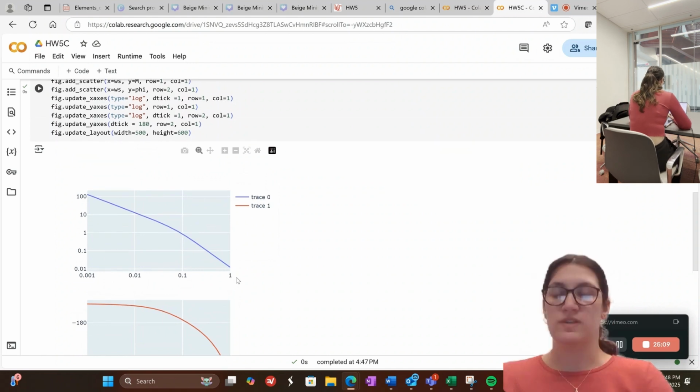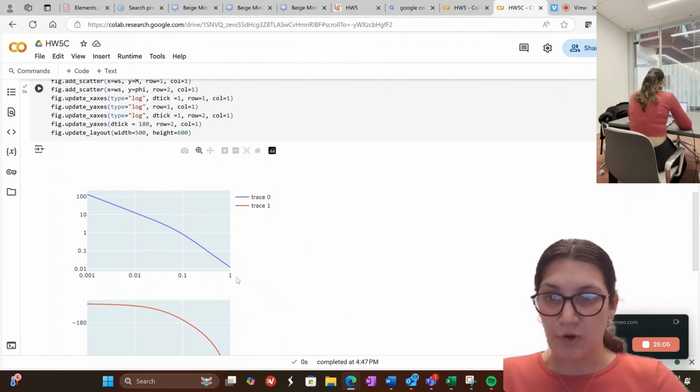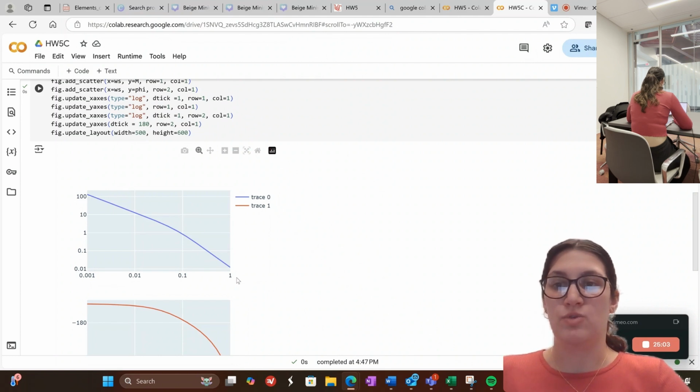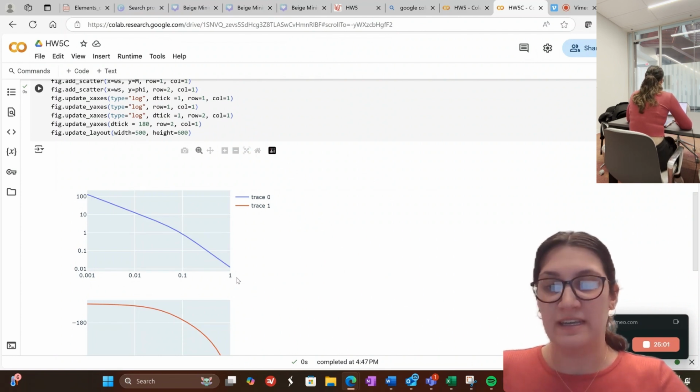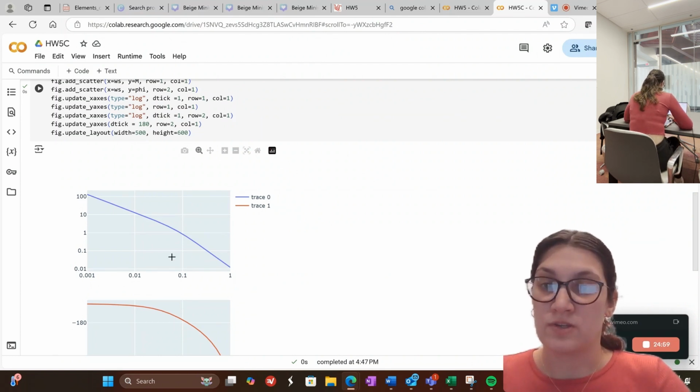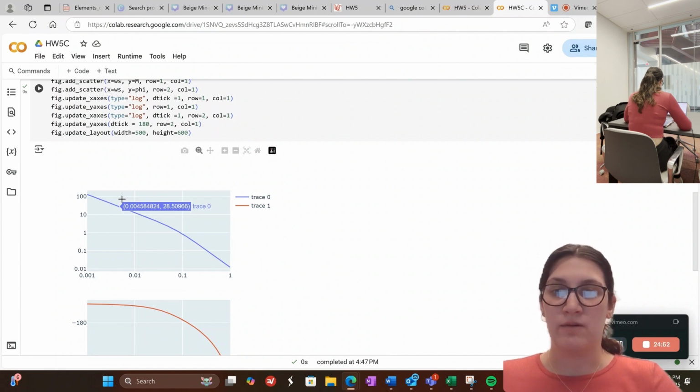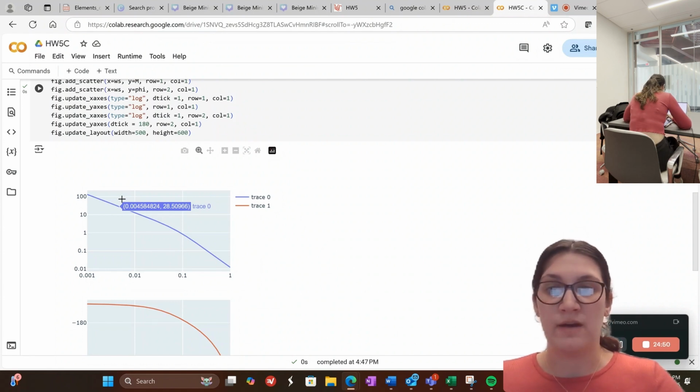Now we can use this to find our margin. To do this, we're going to do the reverse of what we did in Part B. We're going to start by looking at this top diagram with our m values, and we want to find at what omega value we're at one.